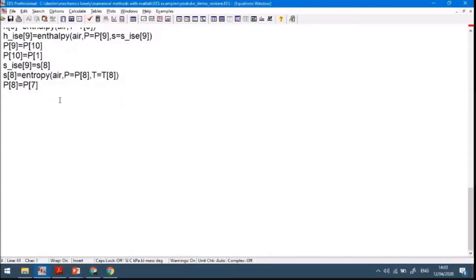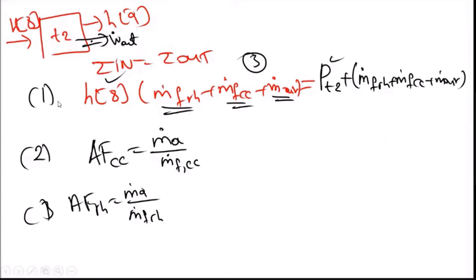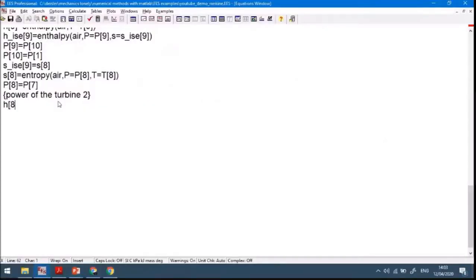So first let's write our turbine 2. It's not an excess amount of equation, so let's write it: H8 times the mass flow rate of the reheater plus the mass flow rate of the combustion chamber, and that times the air.